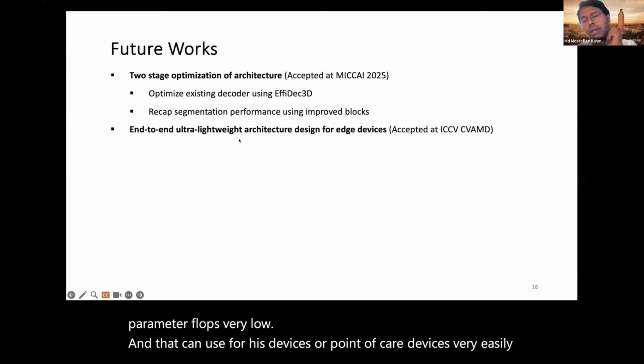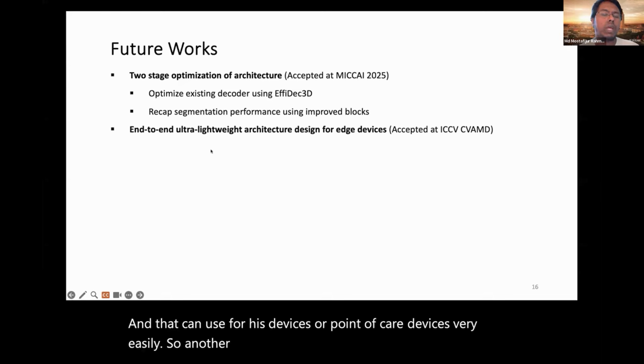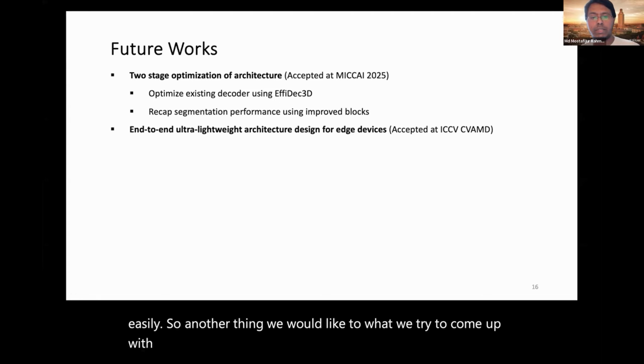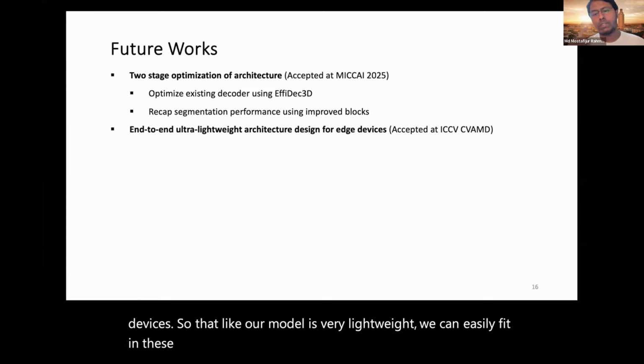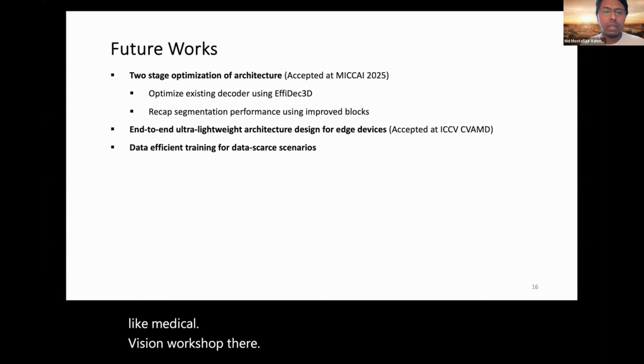Another thing we try to come up with is an ultra-lightweight architecture design specifically for edge devices, so that our model is very lightweight and we can easily fit it in edge devices. This one is accepted at the ICCV 2025 CVAMD computer vision for automated medical diagnosis workshop.